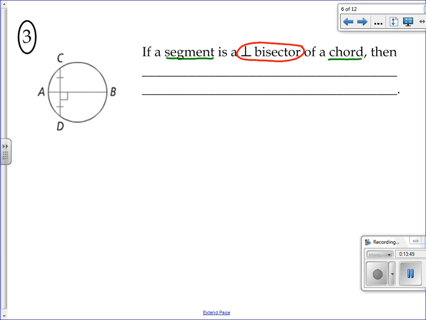So if I take a look here, my segment is going to be AB, and my chord that is being bisected is going to be CA. So if that segment is perpendicular to the chord, and it's also bisecting the chord, then we can say a few things about that segment.